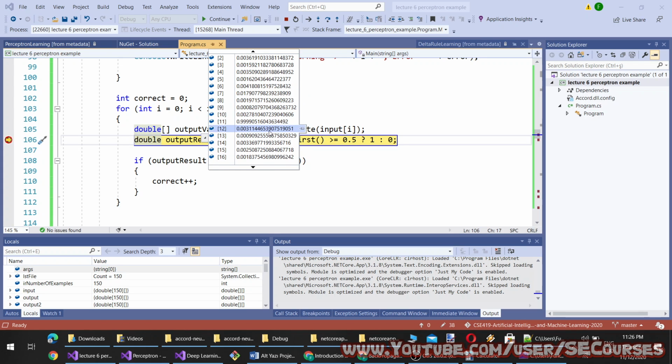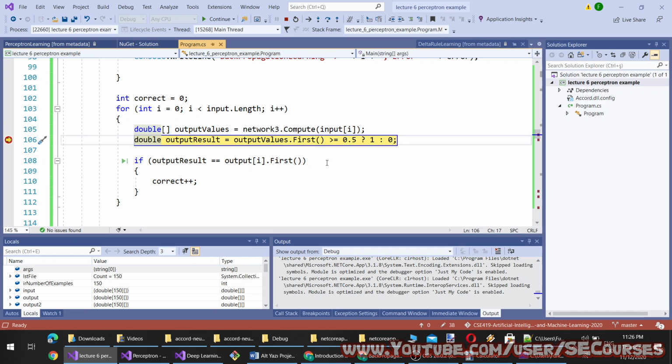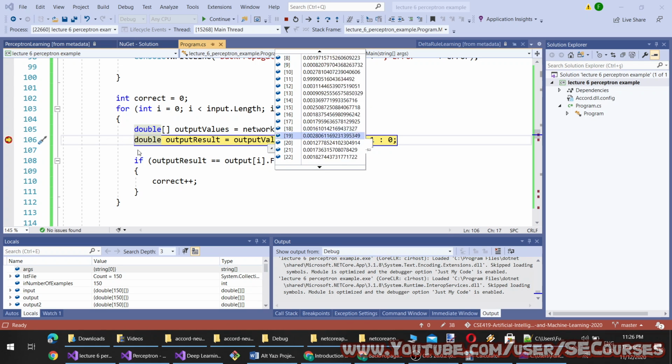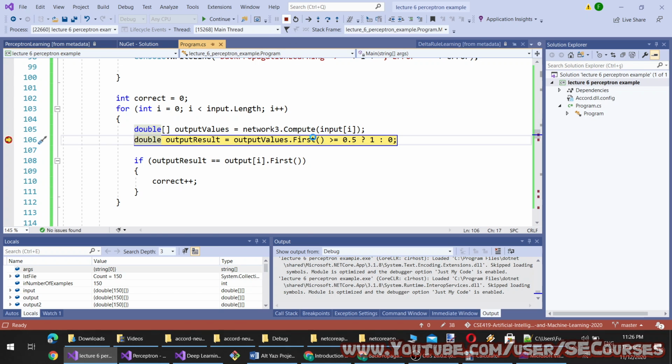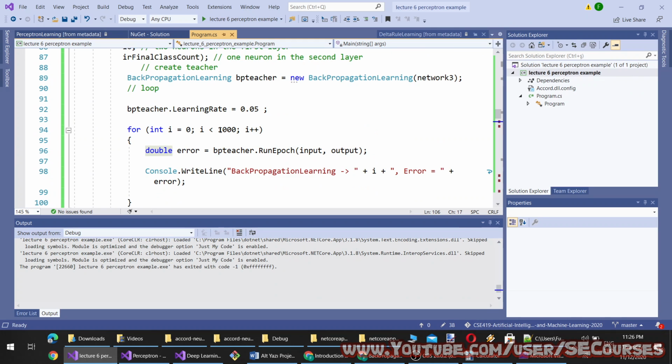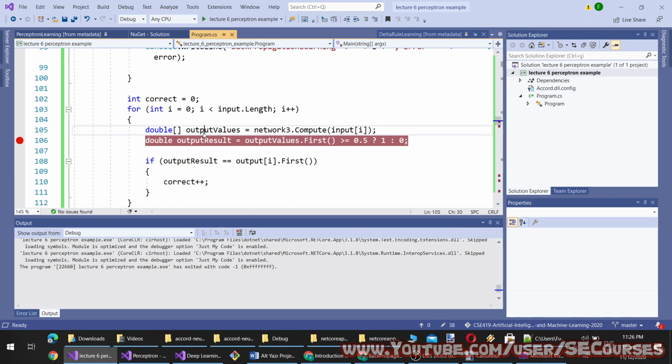You see they are not categorical. They are weighted, they are real valued, and the biggest value is taken as an output value, I think. Yeah, so 1000 was not enough.